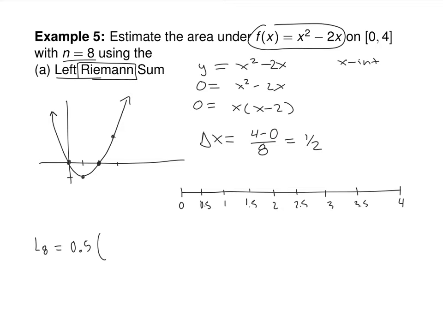And if you're doing the left sum, you plug in 0, 0.5, 1, 1.5, 2, 2.5, 3, 3.5, but not 4. So just tell me what you're doing. Say f of 0 plus f of 0.5, plus dot, dot, dot, and tell me where you end. Like that can be showing enough work that I get that you understand what's going on. And then when you plug those numbers in and work it out, you end up with 3.5.